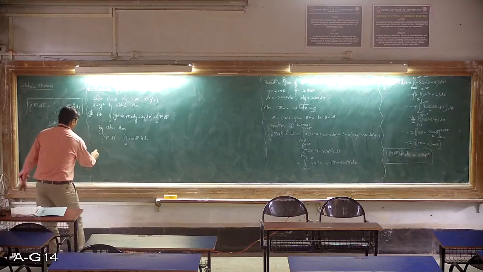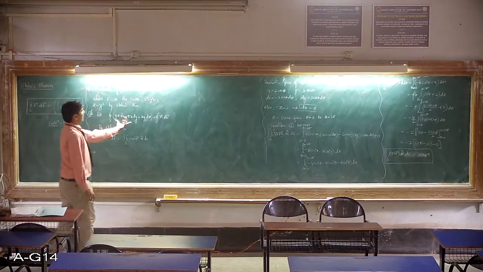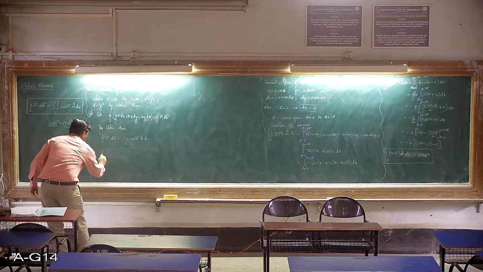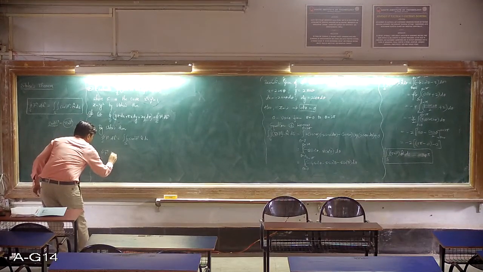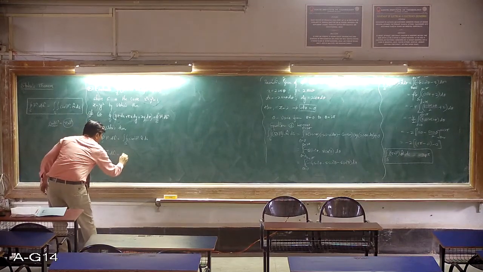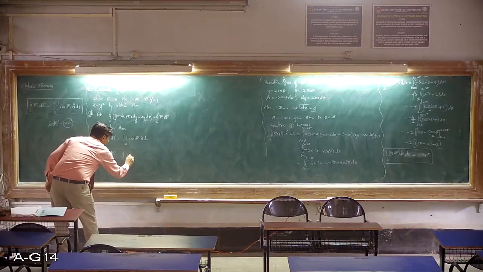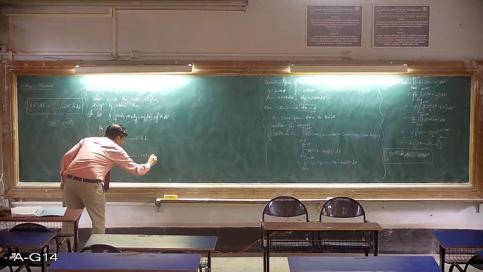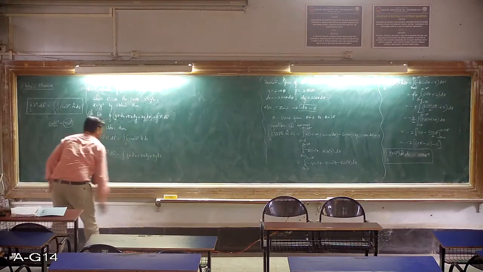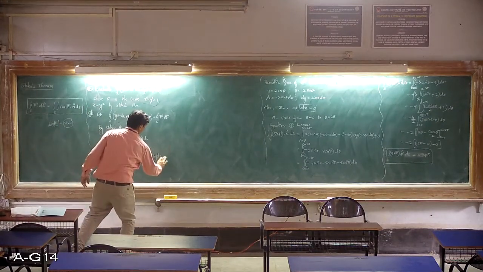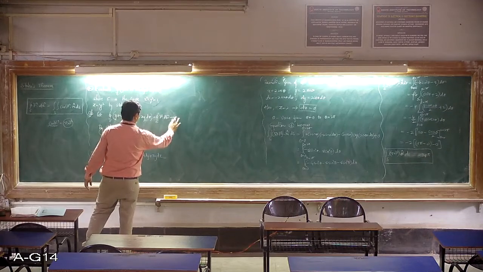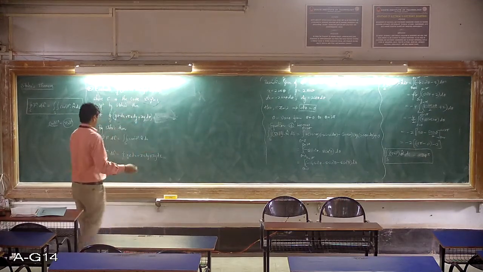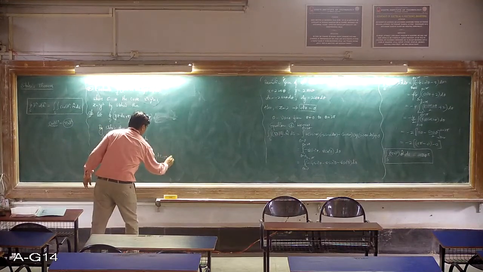Which implies that the integration over curve C of F dot dr is equal to the integration over closed curve C of yz dx plus zx dy plus xy dz. Yes, you can call it equation number 1.